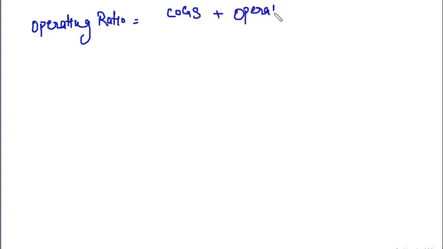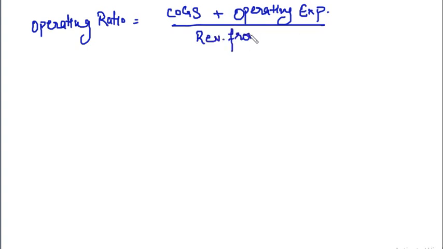If we talk about operating ratio, operating ratio is cost of goods sold plus operating expenses, right, divided by revenue from operations.